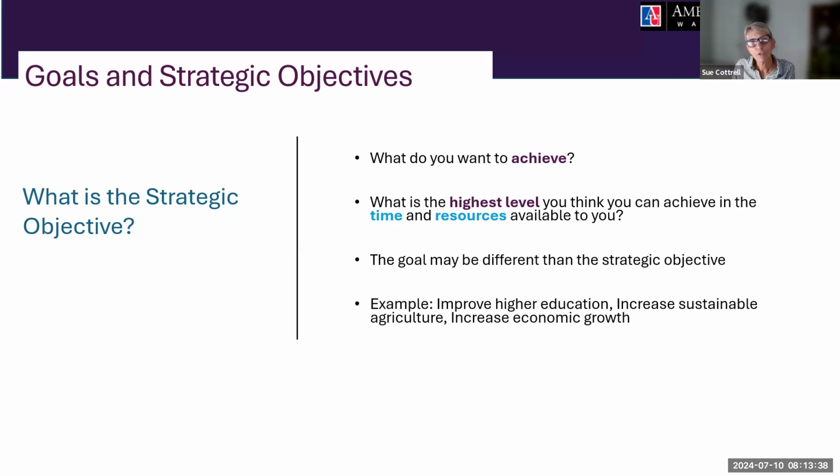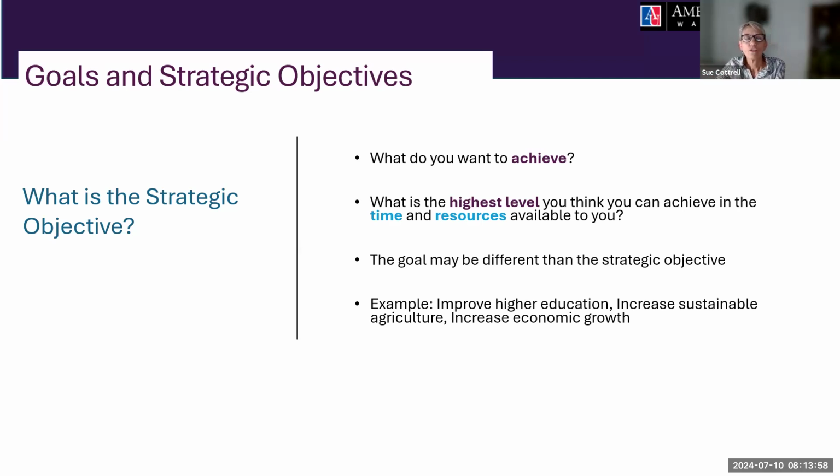A strategic objective is a high-level and measurable goal that helps organizations achieve their vision and strategy. As I said, I'm going to be using them interchangeably. I think that you can decide what word is more comfortable for you.